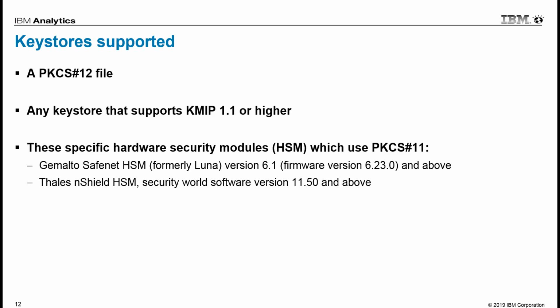Thales has bought out Gemalto, so there's all kinds of things going on in the industry. But Gemalto, formerly known as SafeNet, has an HSM, also known as Luna, and we support 6.1 or above. Thales nShield we support as of their software level 11.5 and above. If you're not sure if your HSM or module is supported, feel free to ask and we'll give you an answer.